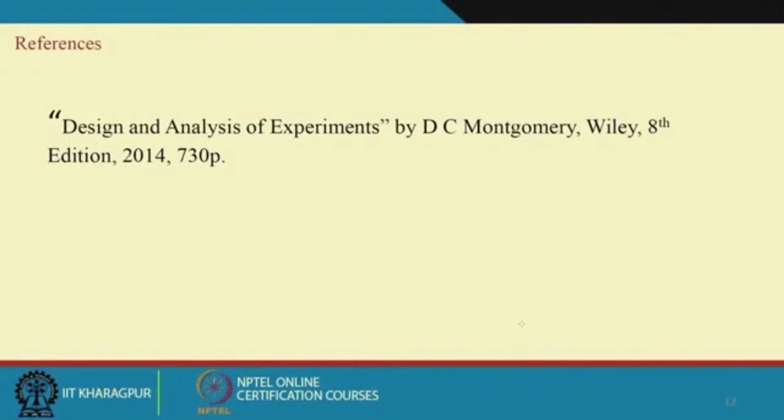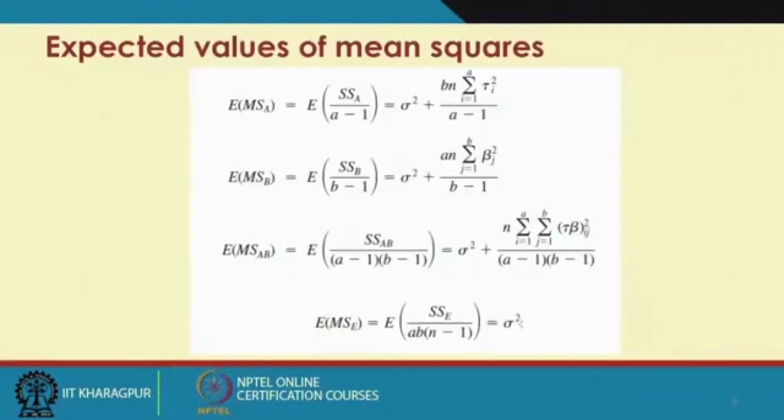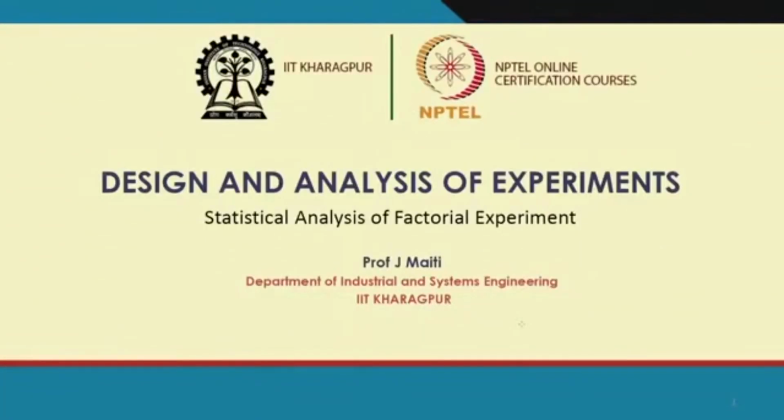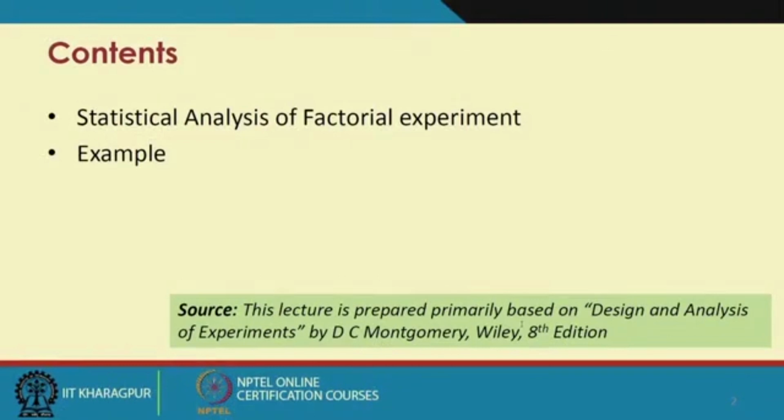So, we have covered the theory portion, and all the conceptual things are taken from this book. As I already told you in the beginning, we have developed the PPT based on the Montgomery book.